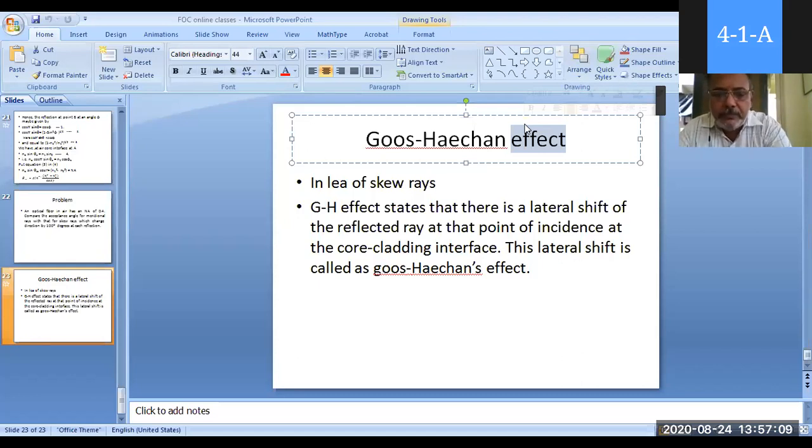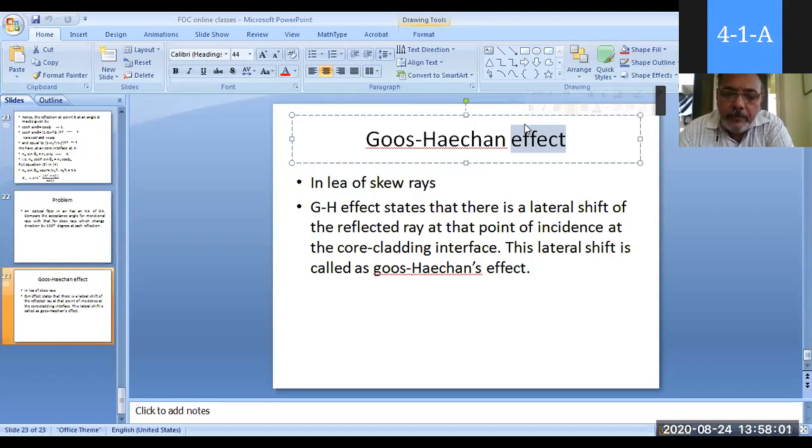Last problem. The velocity of light in the medium is given as 2.02 times 10 to the power 8, and the critical angle is 78 degrees.